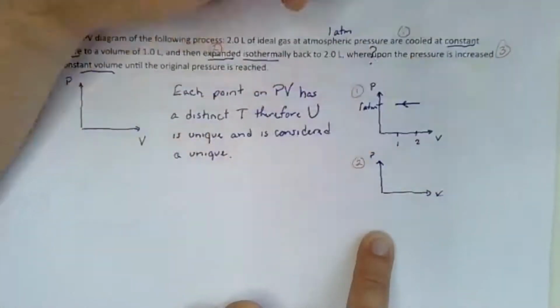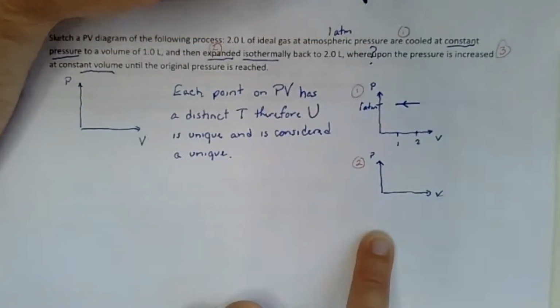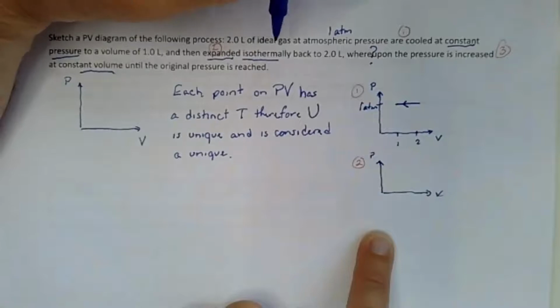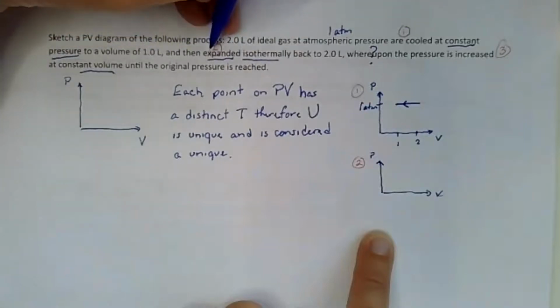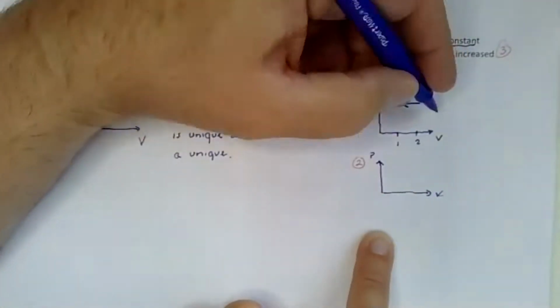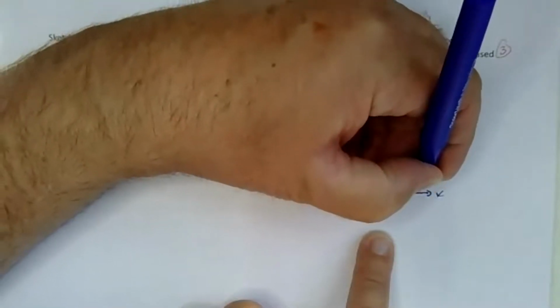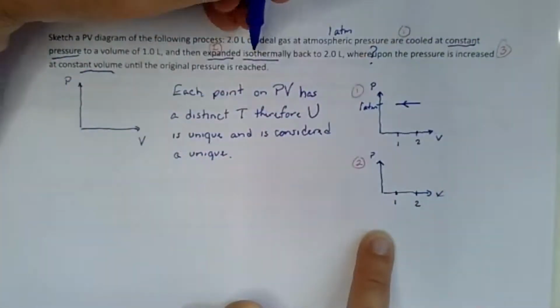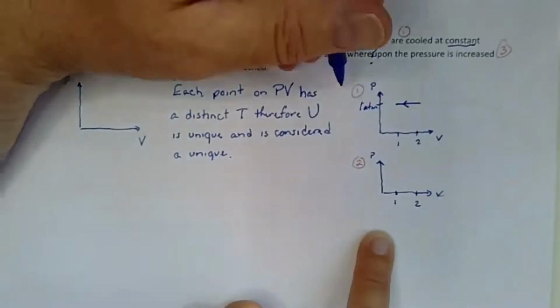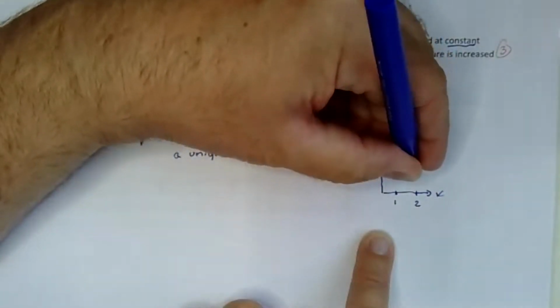Okay, so the second one says expanded isothermally back to 2 liters. So we left off at 1 liter last time, and we're going to go back to 2 liters, but we do it isothermally. So isothermally is sort of an inverse curve that looks like this.